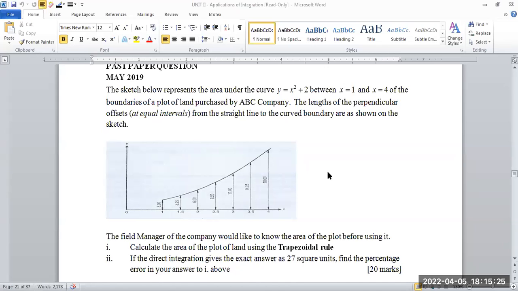What do I get? 4.25. 4.25 will be correct. What's my third ordinal? 2. Mm-hmm. When I substitute 2 into the function, what do I get? 6, sir. Nice. Are you seeing what I'm seeing?